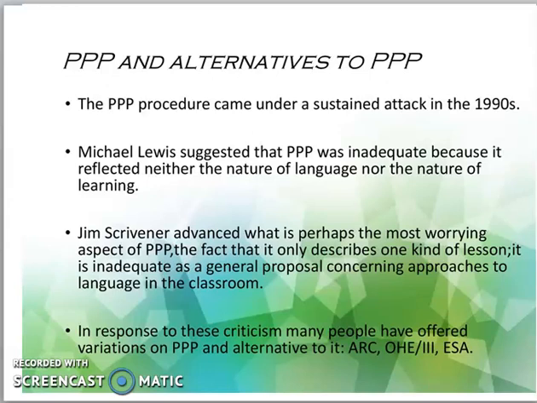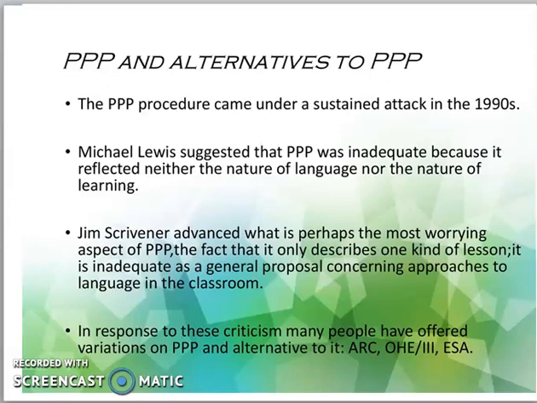PPP and alternatives to PPP. The PPP procedure came under a sustained attack in the 1990s. Michael Lewis suggested that PPP was inadequate because it reflected neither the nature of the language nor the nature of learning.